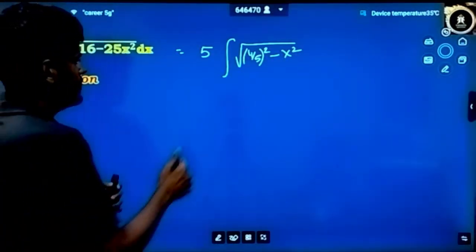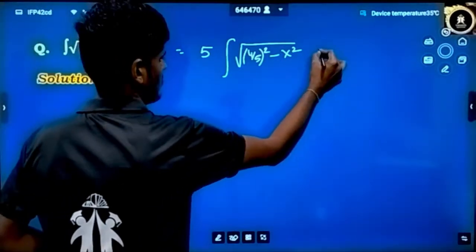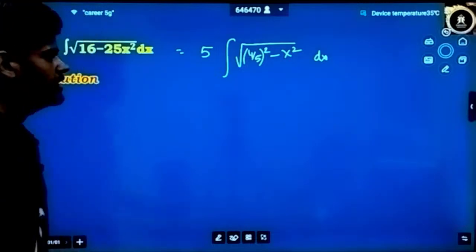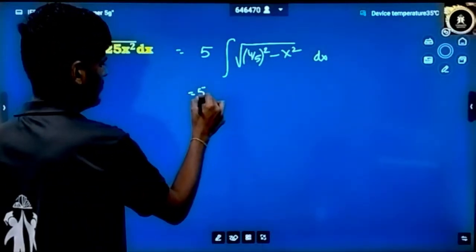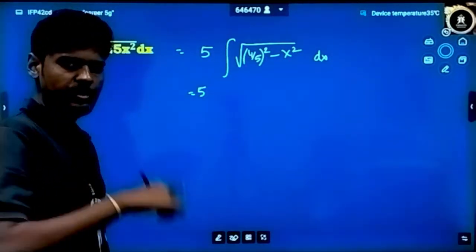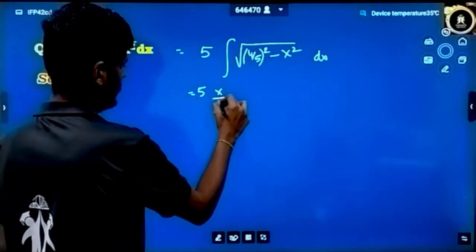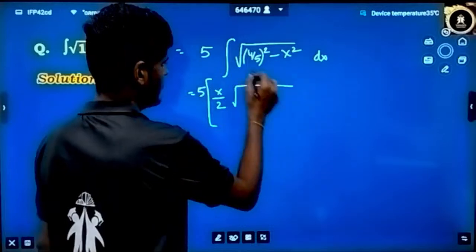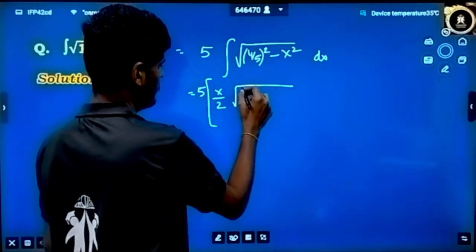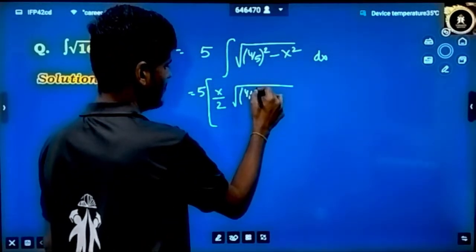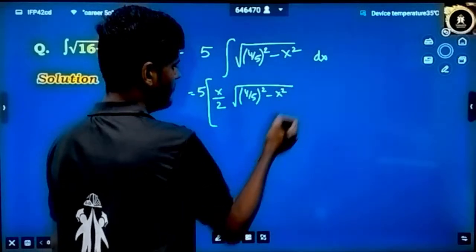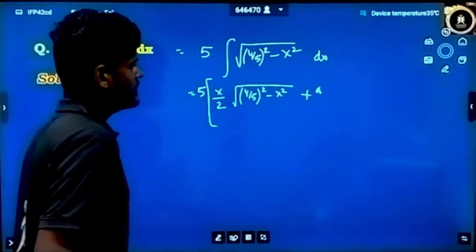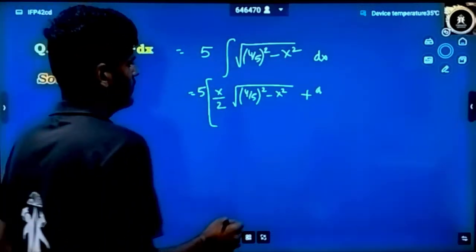Okay, now what we will get? This is equal to dx. Now this is of the form square root of a square minus x square. What is the formula? 5 into x by 2 square root of whichever is given there, that is (4 by 5) square minus x square, plus a square by 2, where a square is 16 by 25.